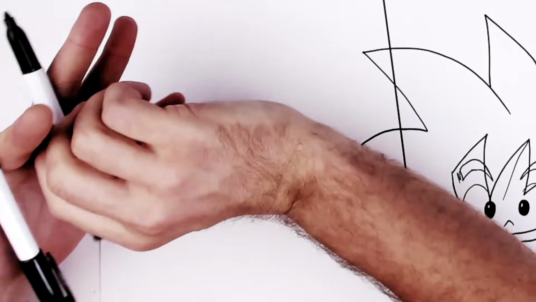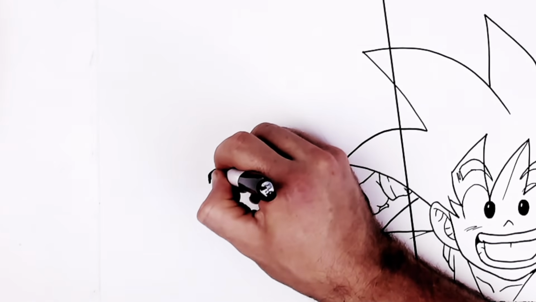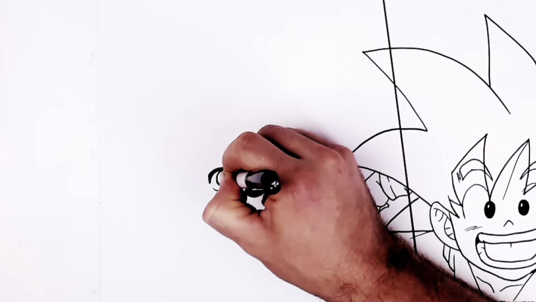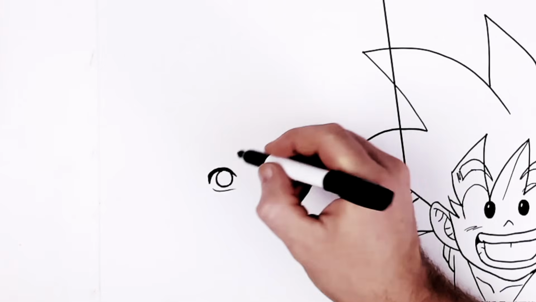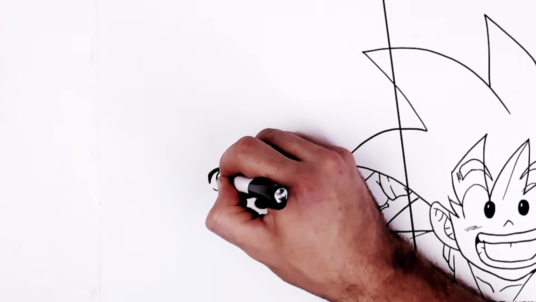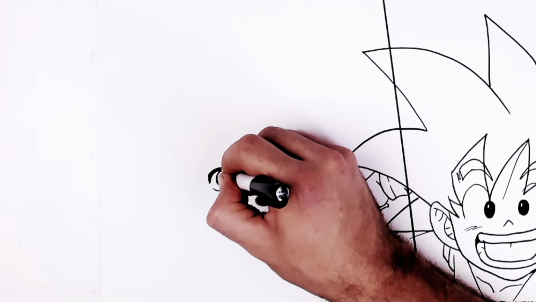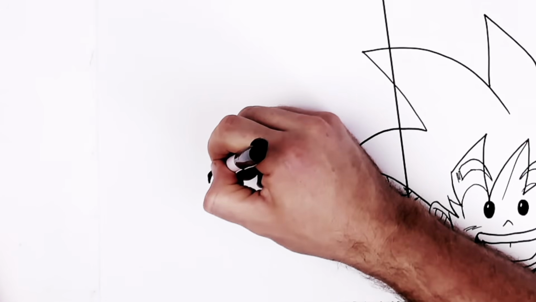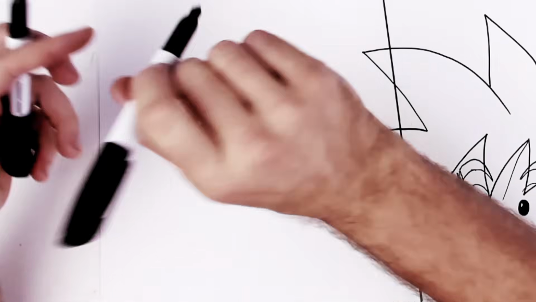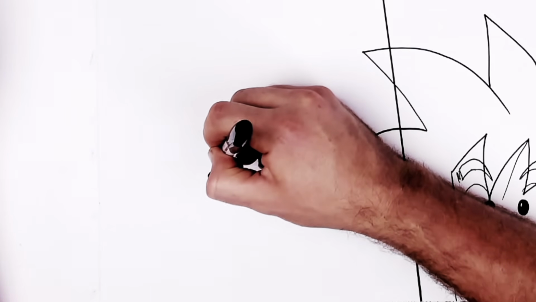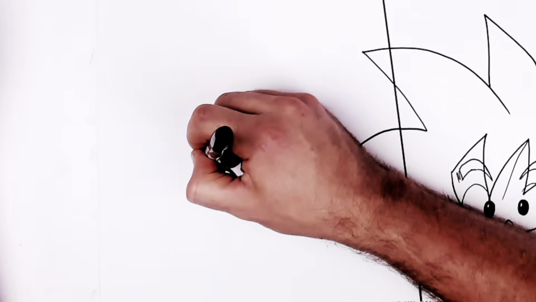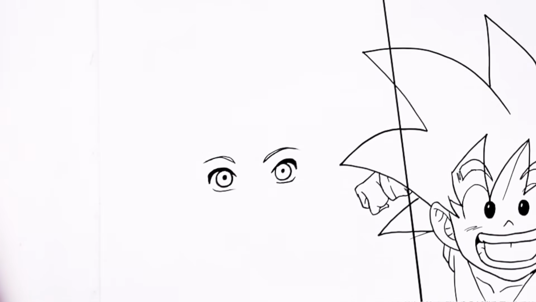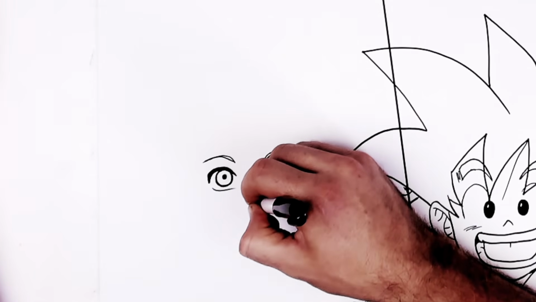Bottom eyelid line. Pupil, just in the middle there. And then his eyebrow on this side. We'll add a spot to color in yellow. And then his nostrils real small here.